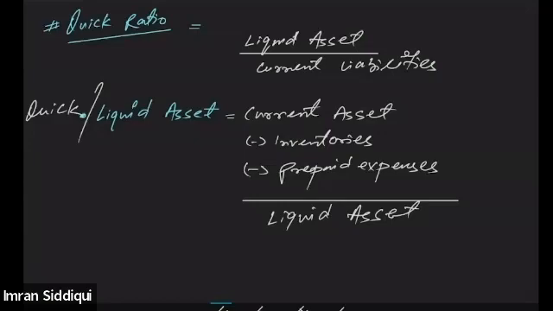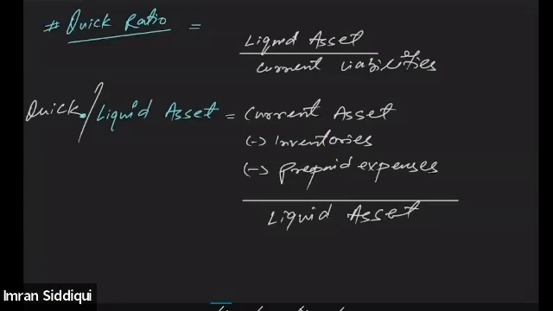If we talk about the quick asset, current assets are basically assets which can be realized within a period of 12 months. But inventory takes some time to be sold, and the amount against the inventory cannot be realized on an immediate basis.